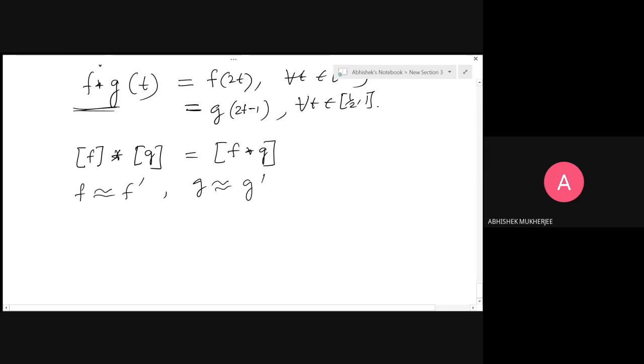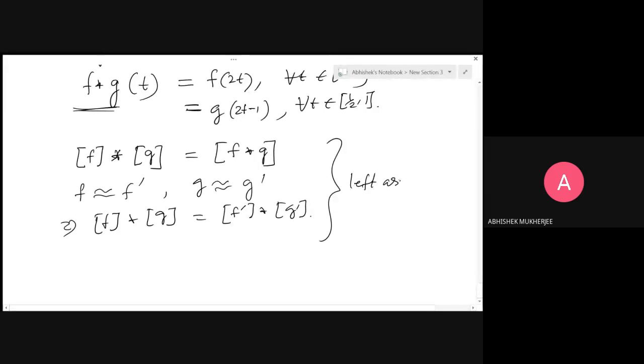So f and f dash are both paths from x0 to x1, and g and g dash are paths from x1 to x2. Then you need to check that these two will give you the same class. Left as an exercise. This is not so complicated.